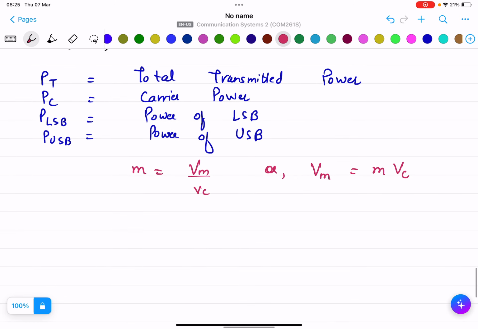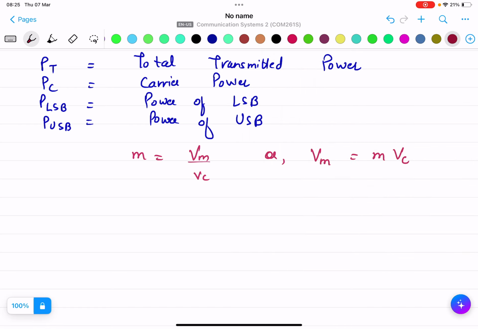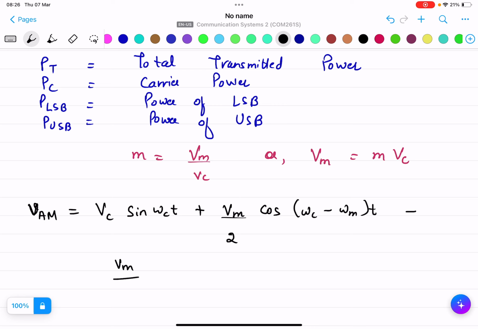Okay, and we know the amplitude modulated waveform VAM equals, we have already derived it, Vc sine omega ct plus Vm by 2 cos (omega c minus omega m) t minus Vm by 2 cos (omega c plus omega m) t.